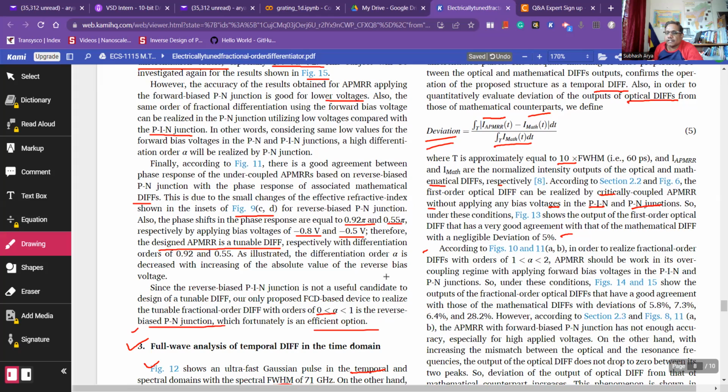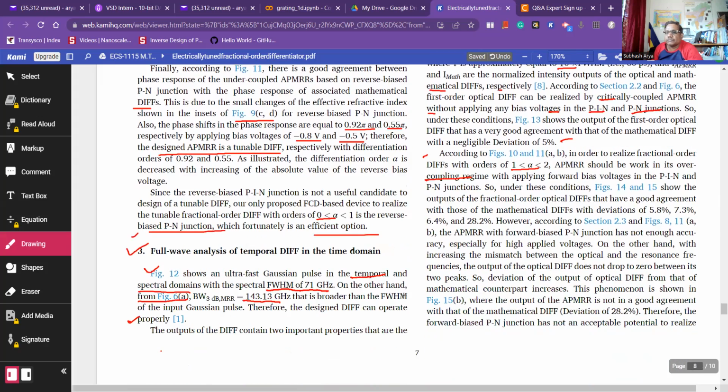According to figure 10 and 11 A, B, in order to realize a fractional order differentiator with order 1 less than alpha less than 2, this alpha between 1 and 2, the APMRR should be worked in its overcoupled region with applying forward bias voltage in the PIN and PN junction. So overcoupled can be done with forward bias.